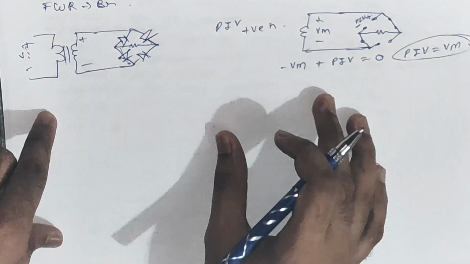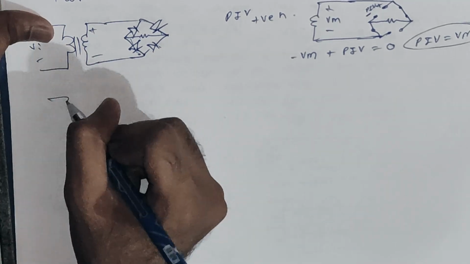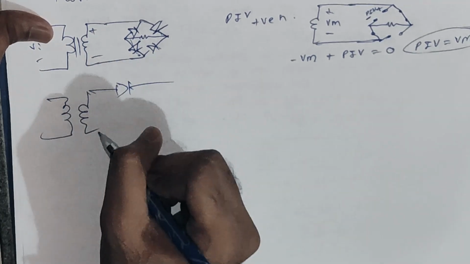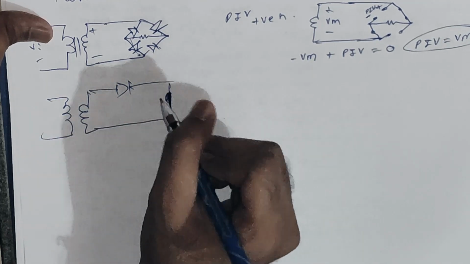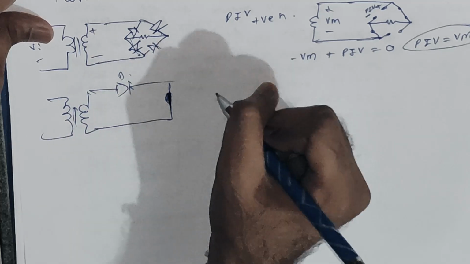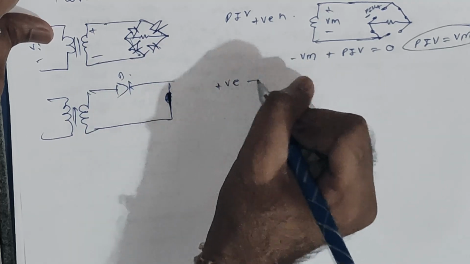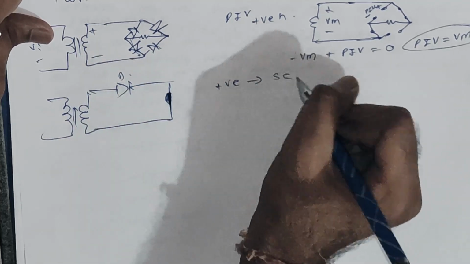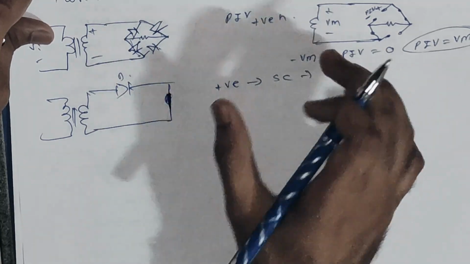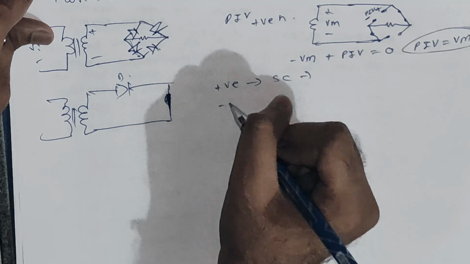Let's see the PIV for the half wave rectifier also. For the half wave rectifier it will be simply like this. This is your one diode, this is your half wave rectifier, this is your transformer. Let's consider the positive half cycle. For the positive half cycle this diode will be short circuit. So basically here no diode is in reverse bias, so from this half cycle we cannot find PIV. Let's see the negative half cycle.